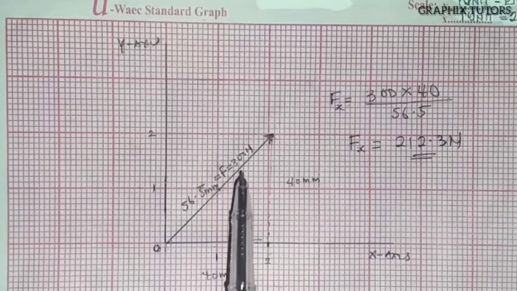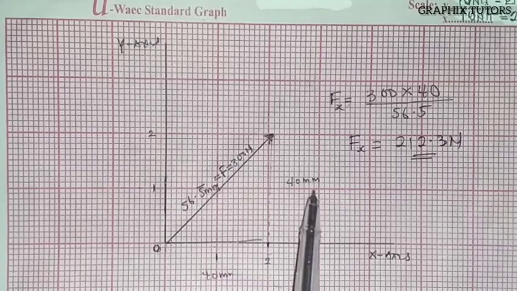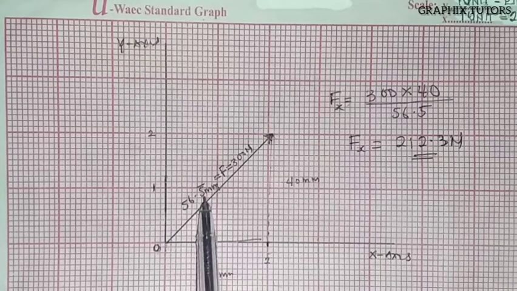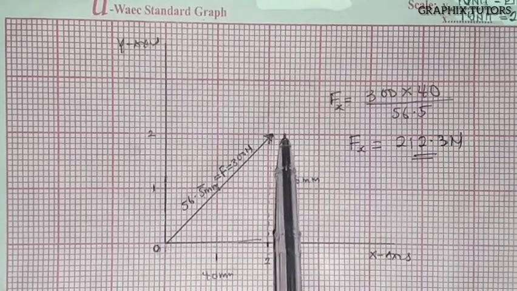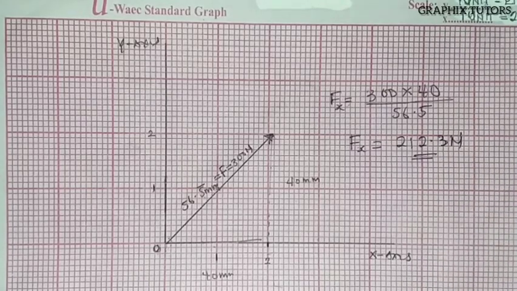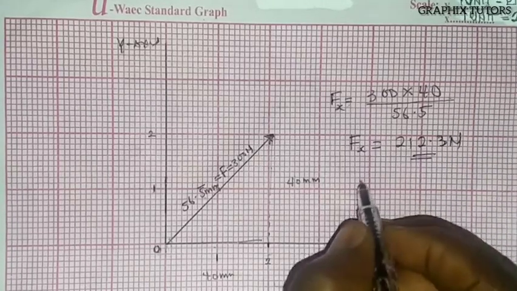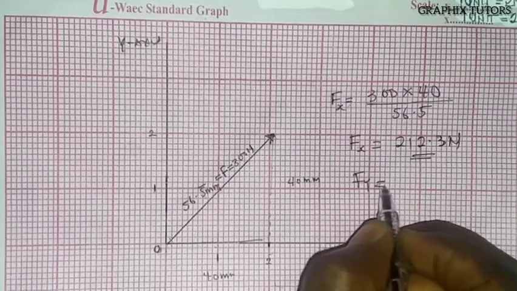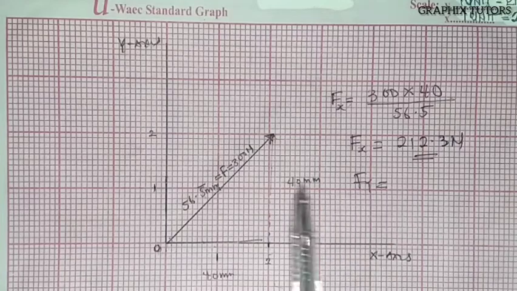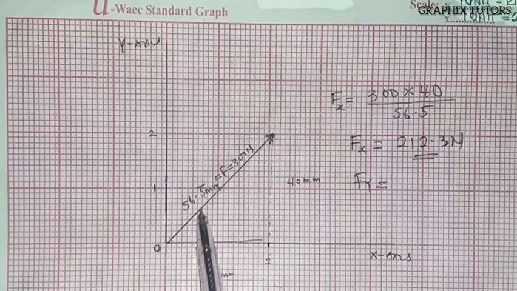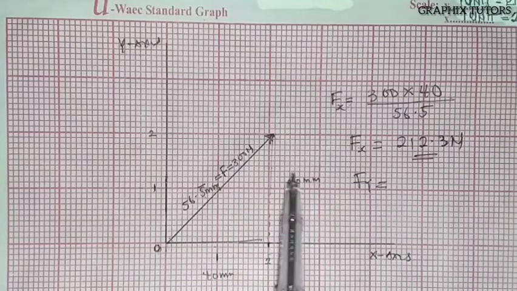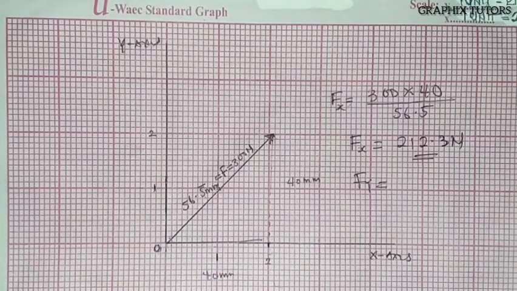When you multiply 300 by the distance 40 divided by this scale here, which is the force in the length here, you're going to have 212.3. Similarly, if you want to do the vertical component also, because vertical and horizontal are the same thing, you multiply 300 multiplied by 40 over 56.5, and you get that.